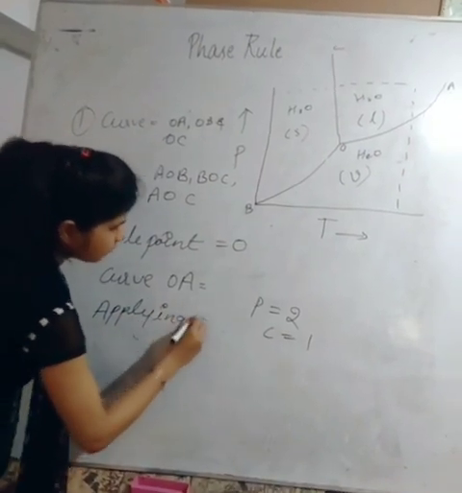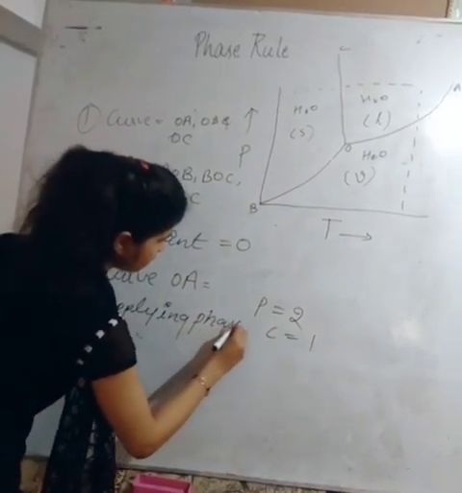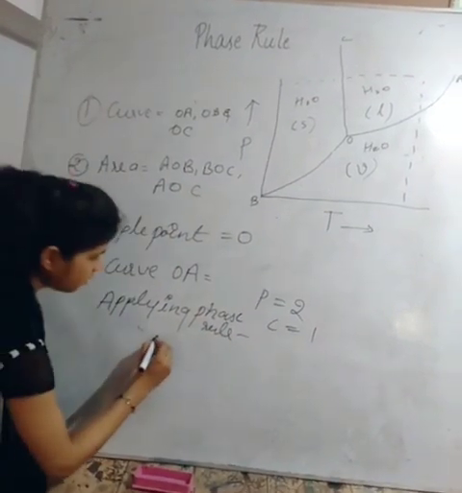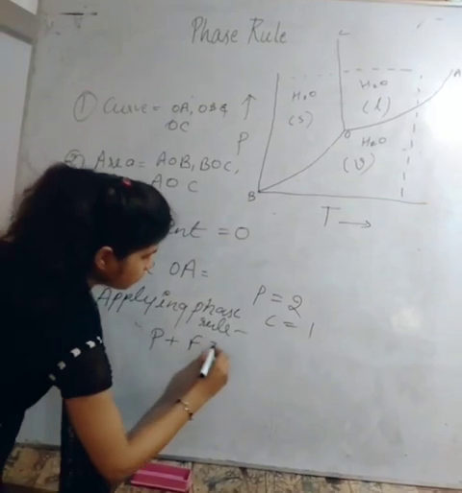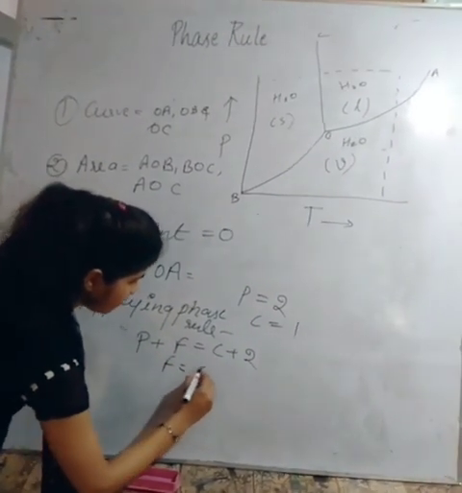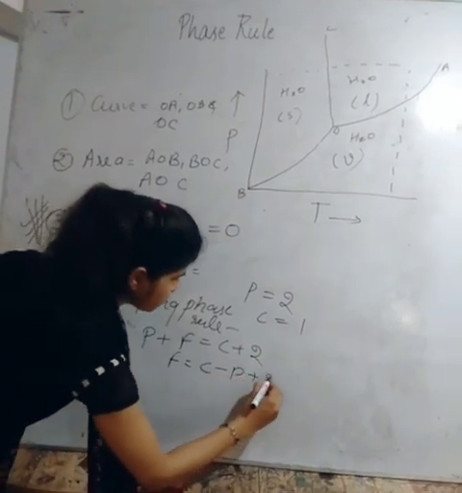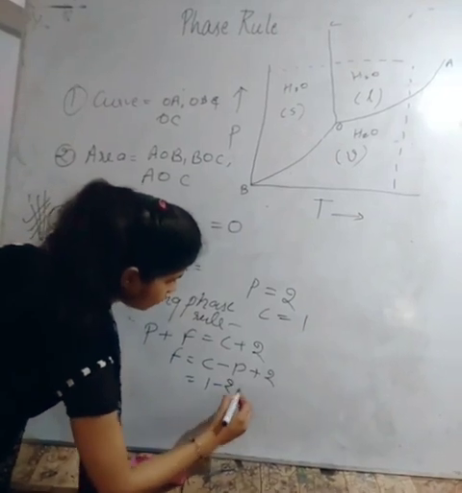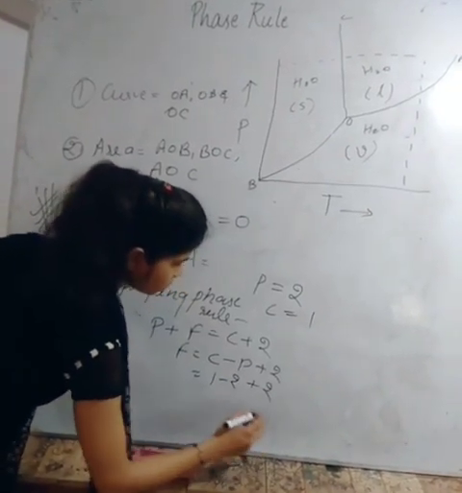Now applying the phase rule, we have to calculate the degree of freedom. Applying the phase rule, P plus F equals C plus 2, where F equals C minus P plus 2, where C is 1, P is 2, and this constant term is 2.